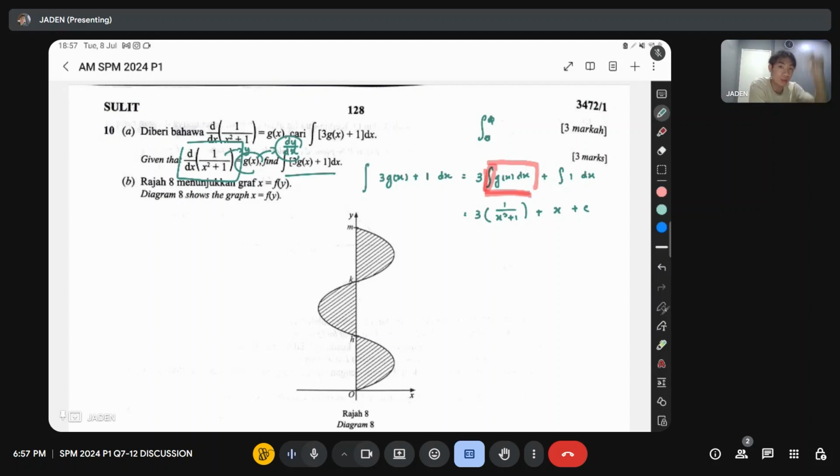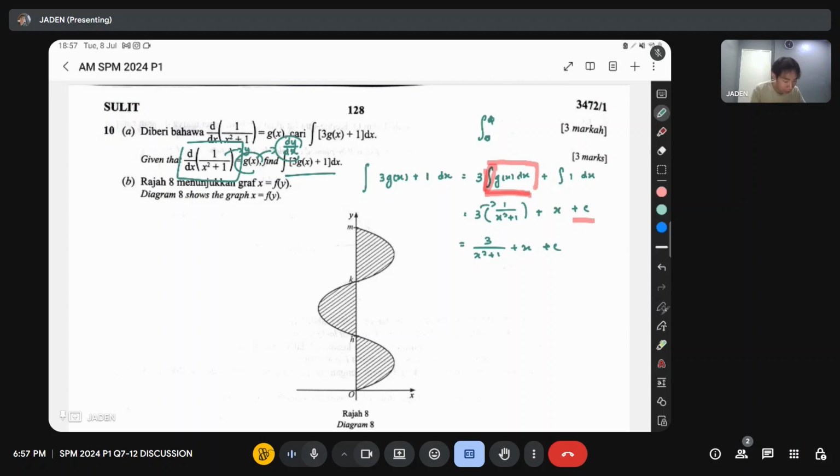So whenever we don't have any specific value, I mean just add c here. Okay, and then 3 times 1, 3. And there you go, guys. Job done. So this is 10A, 3 marks. Nothing too much. So please write it down, and I will focus on 10B right now.